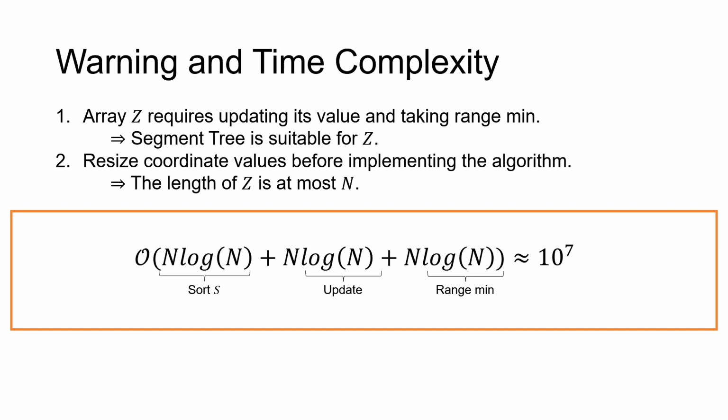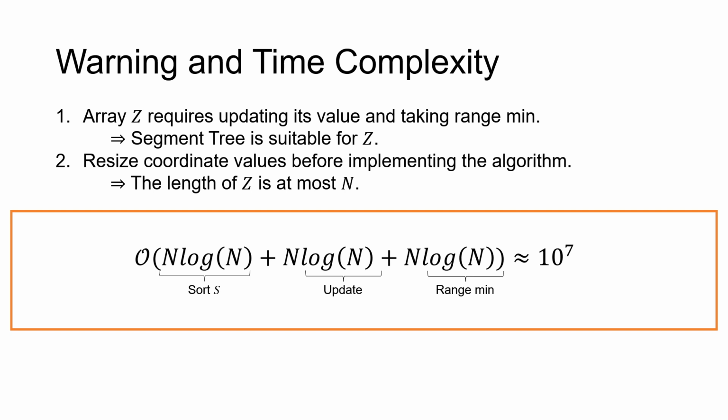Additionally, the indexes of z should not be too large. Although we can handle up to 10 to the fifth elements, the possible values range from 1 to 10 to the ninth based on the problem constraints.